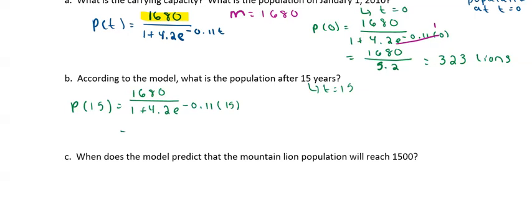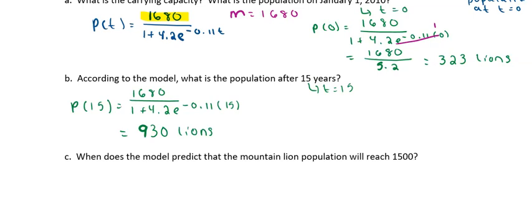So be careful when you type this all in. I would calculate the bottom first, and then take the top and divide it by your calculation from the bottom. As you type it in, make sure you're getting 930 rounded to the nearest lion, so 930 lions.